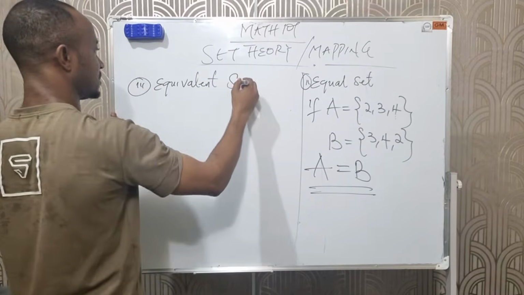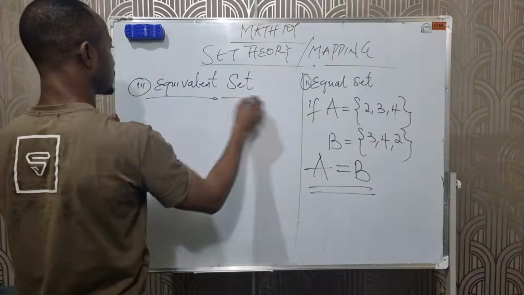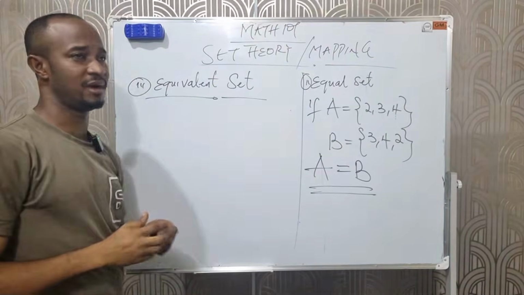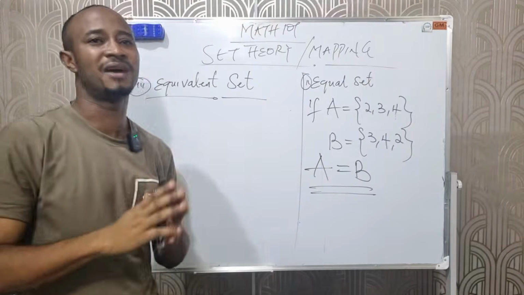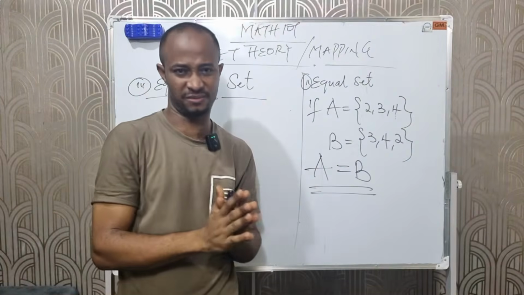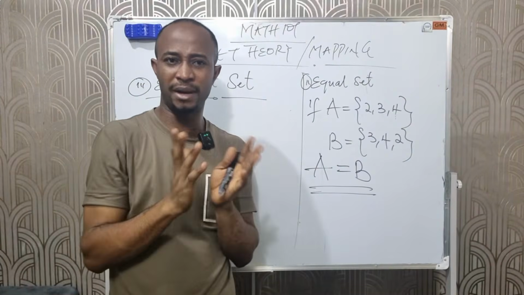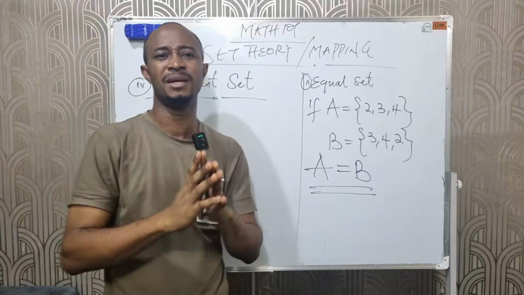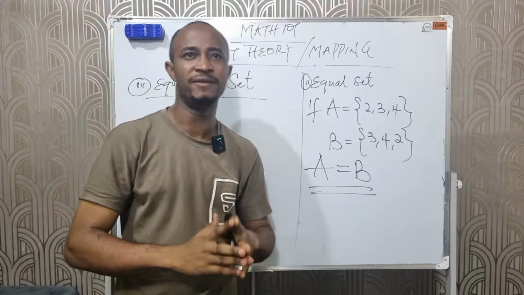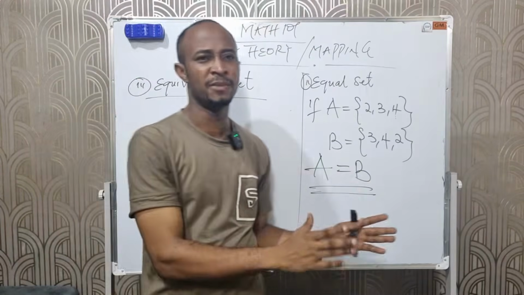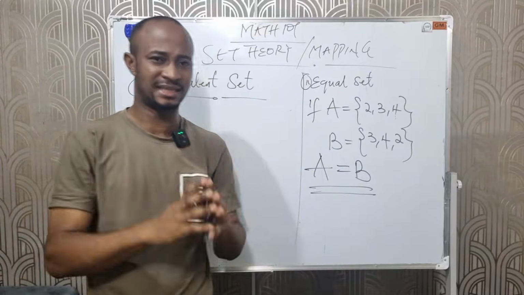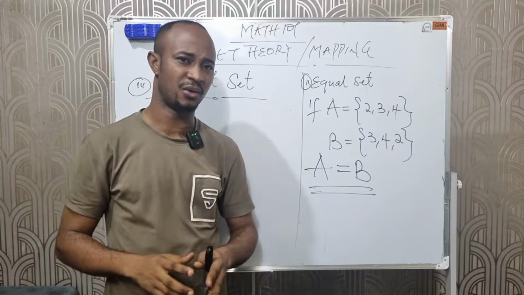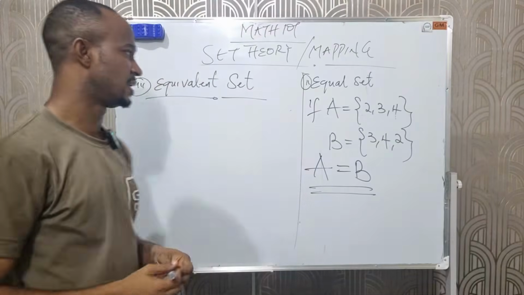When we say equivalent sets, it simply means that 2 sets are equivalent if they have the same number of elements, meaning if they have the same cardinality. If the number of elements in set A is the same as that of set B, we can say that set A and set B are equivalent to each other.